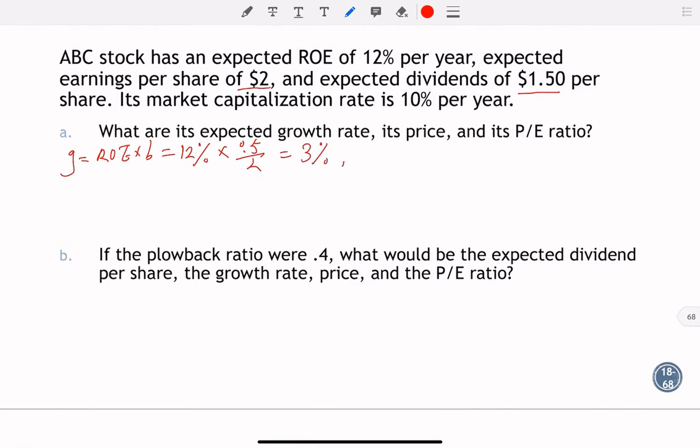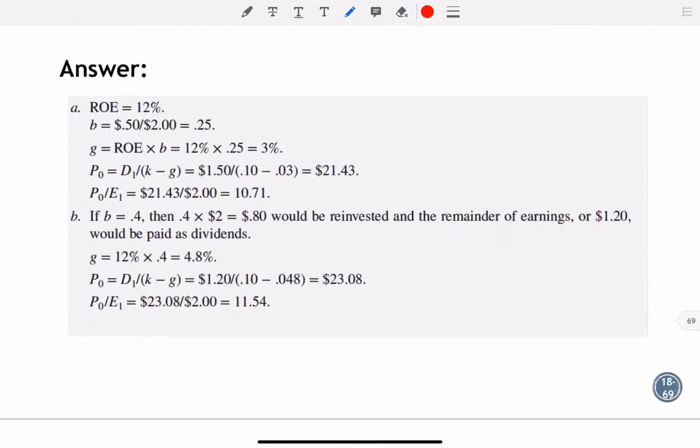Now its price. We would use the dividend discount model. So P0 equals D1 divided by K minus G. D1 is 1.5. K is 10% minus, the G is not 7%. G is actually 3%. So I think it's 20 something.